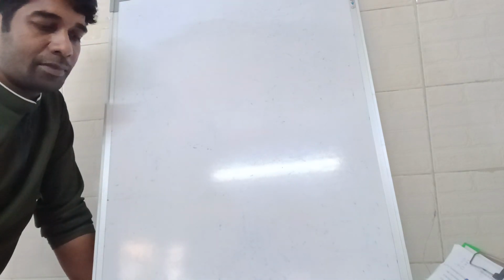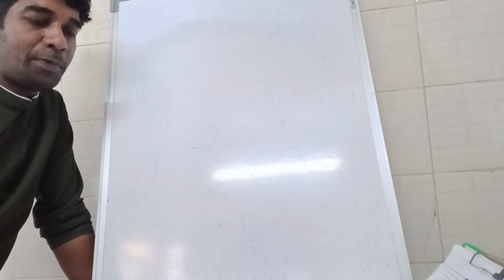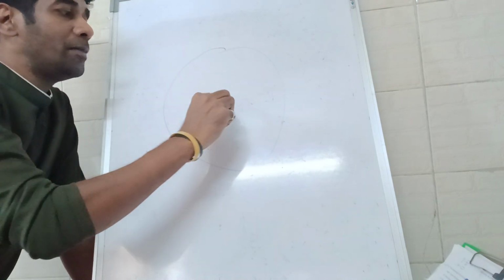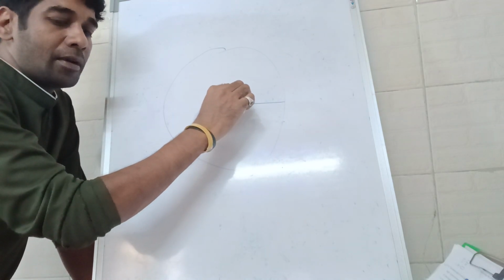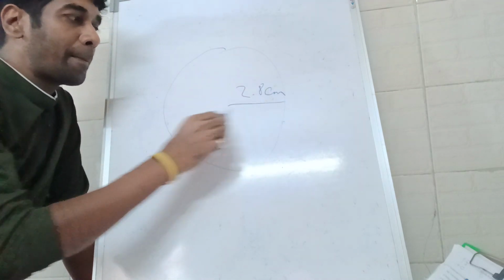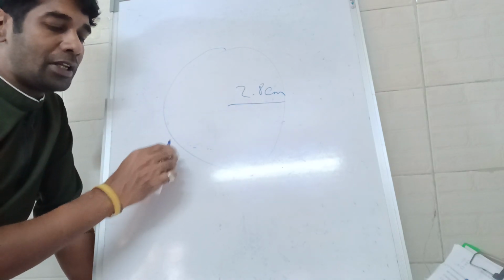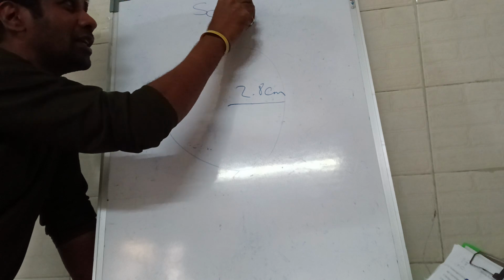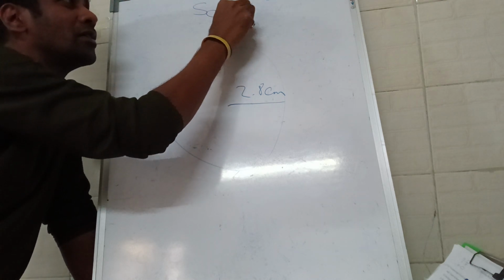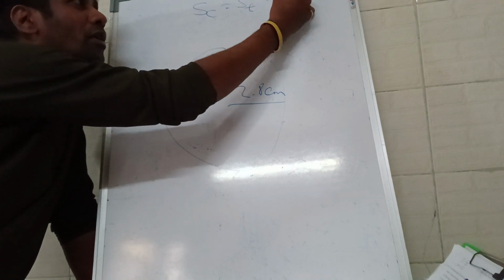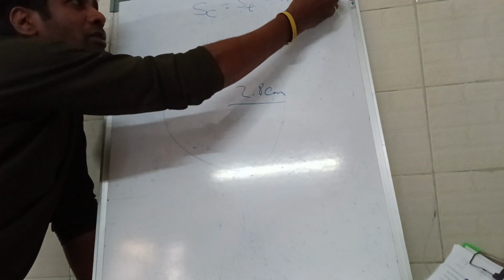Next sum. Find the surface area of a sphere of radius 2.8. This is a sphere. Radius is 2.8 centimeters. I got to find the surface area. Now first, for a sphere, the curved surface and the total surface area formula is the same. 4 pi r square.